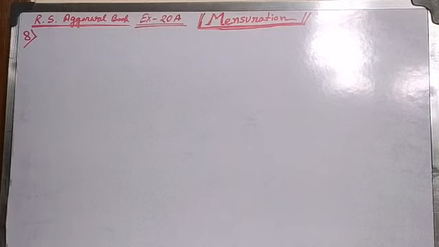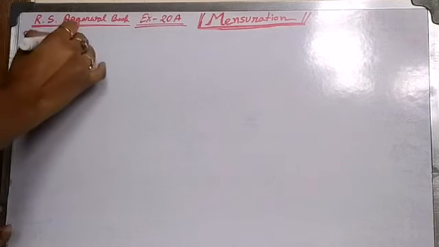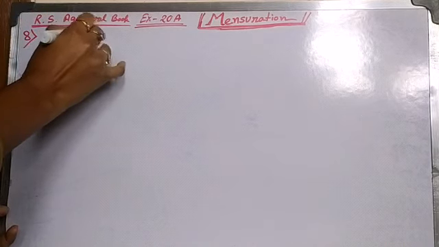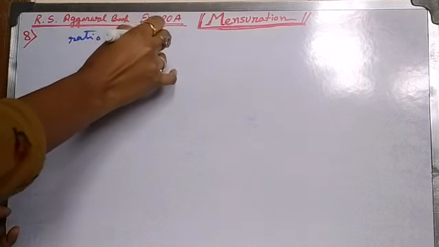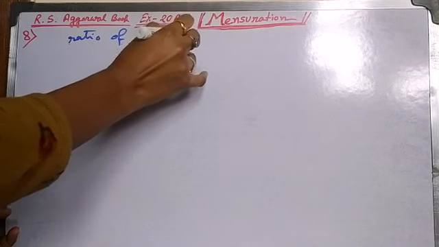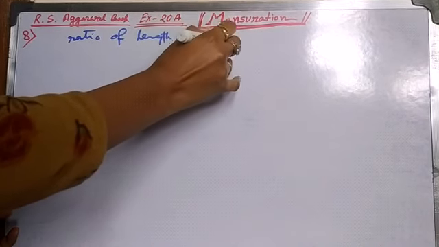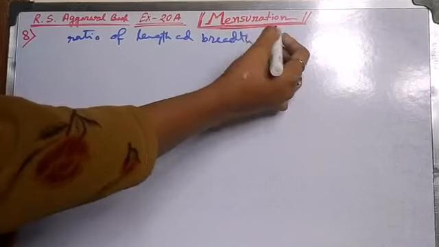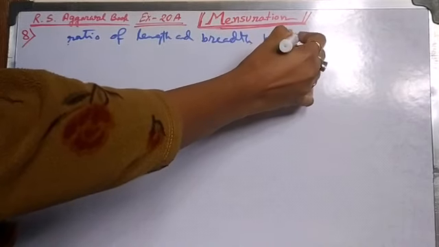Now question number 8. The length and breadth of a rectangular piece of land are in the ratio of 5:3.